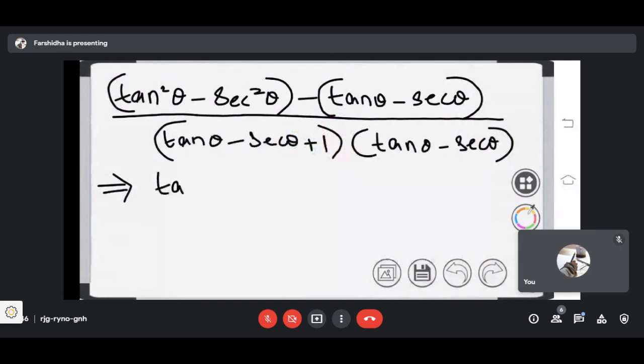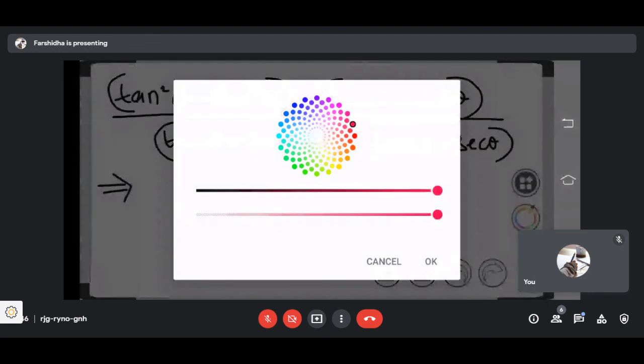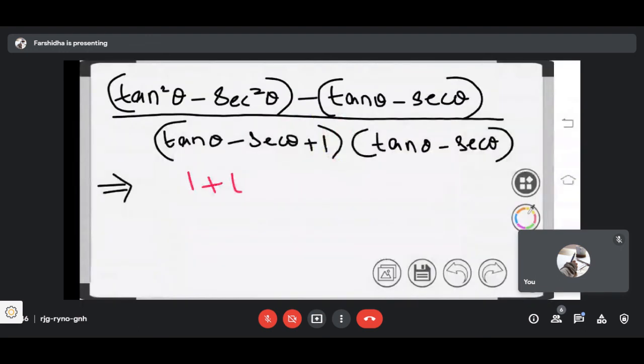So tan square theta minus sec square theta. Okay, before that, one more thing. You have the second identity. What was the second identity? 1 plus tan square theta is equal to sec square theta. See, this is the second identity.